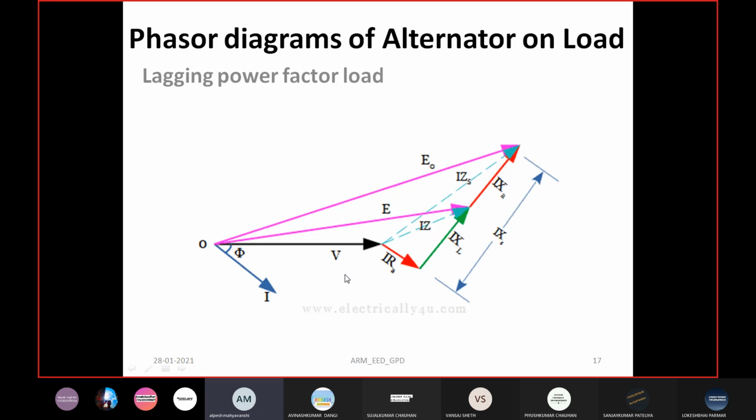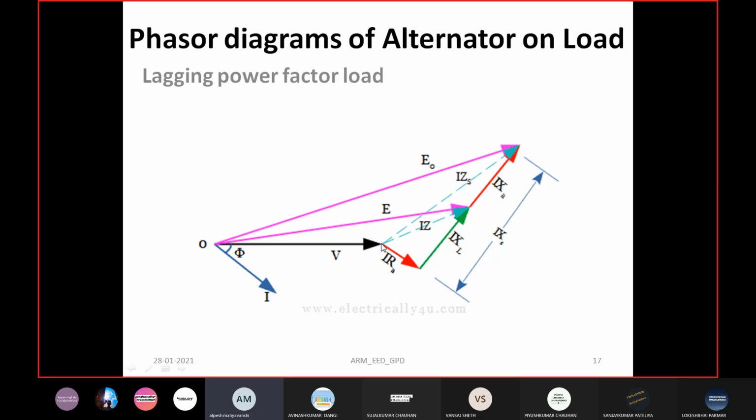Now next is the armature ohmic drop, that is the IARA drop. This IARA drop is always in phase with the armature current. That means the angle between the armature current and the IARA drop is 0, so we have to draw this IARA drop in the same direction as the armature current.